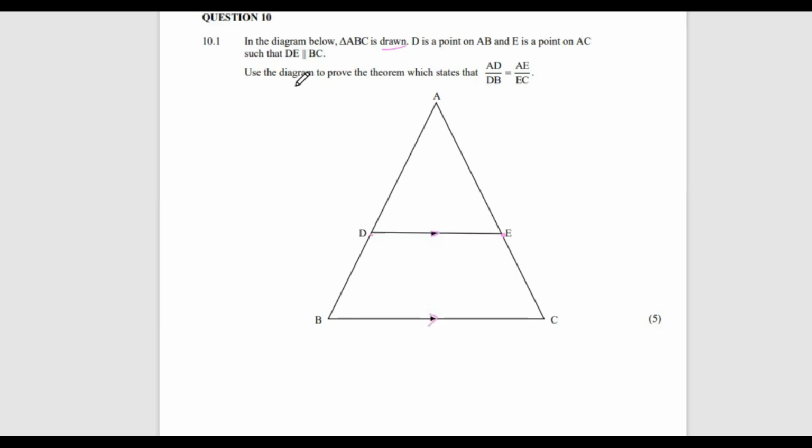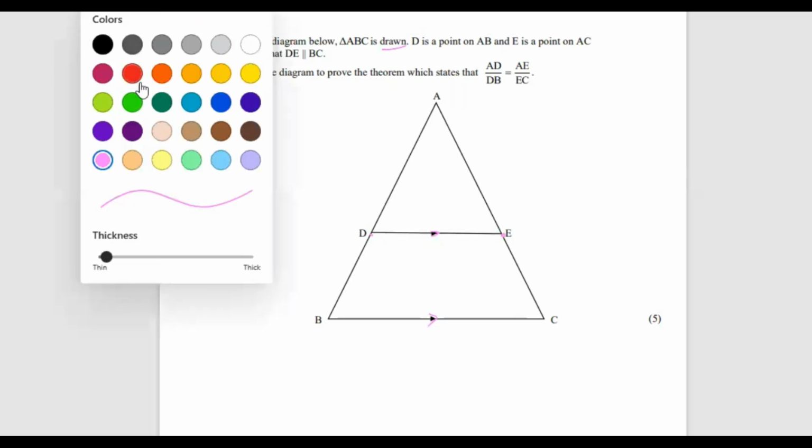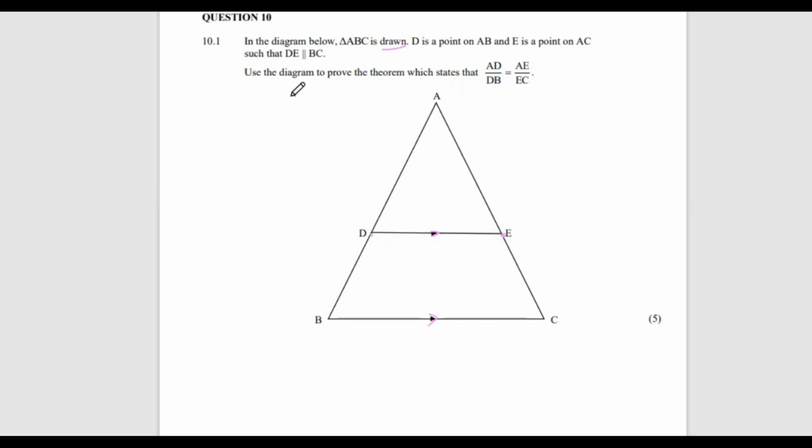Can we use the diagram below to prove the theorem that says AD over DB is the same as AE over EC?